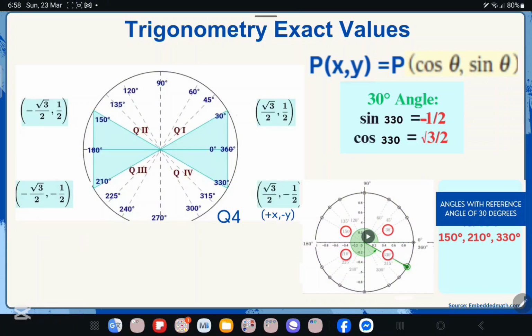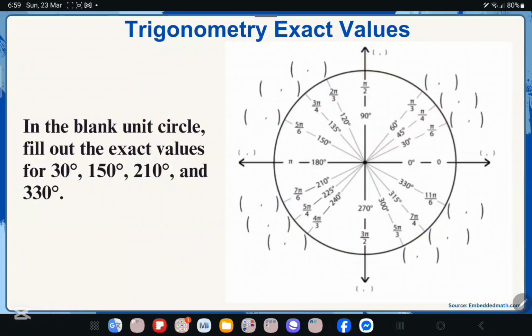And for the last angle, 330 degrees, which is located in quadrant 4, we follow the positive x-coordinate and the negative y-coordinate for the exact values of sine 330 and cosine 330.